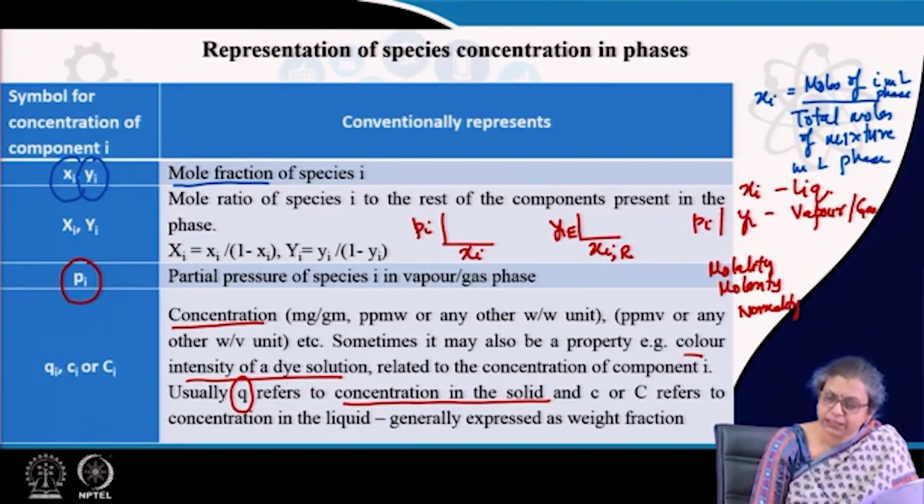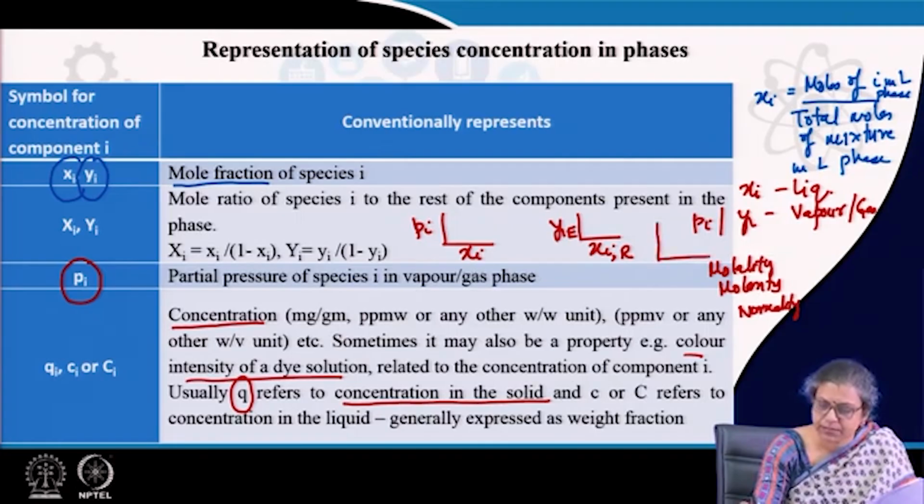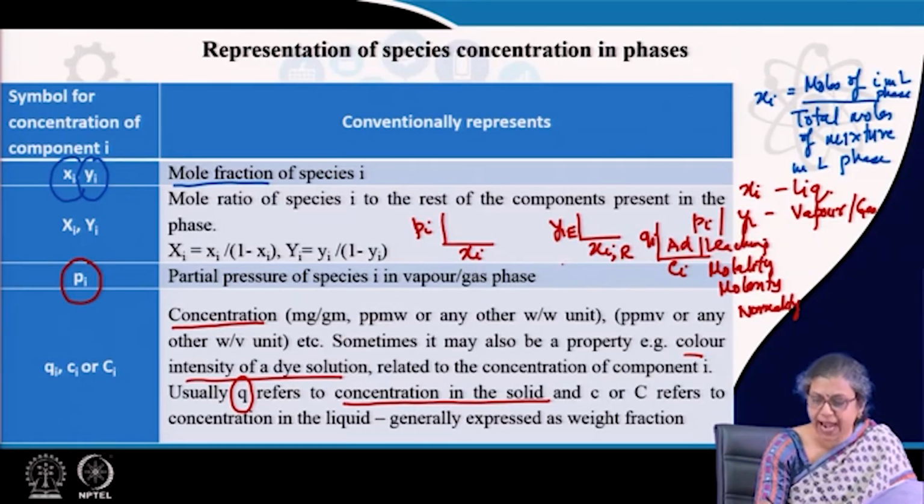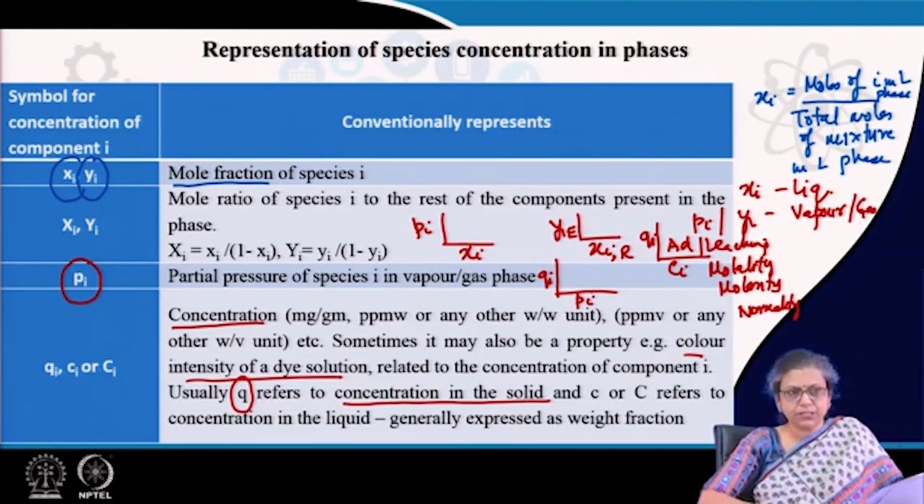And when we are dealing with adsorption or maybe leaching, for those cases we generally represent it as Qi versus Ci. This is for adsorption or leaching. And when we are dealing with gas adsorption, in that case we can also represent it as Qi versus Pi.